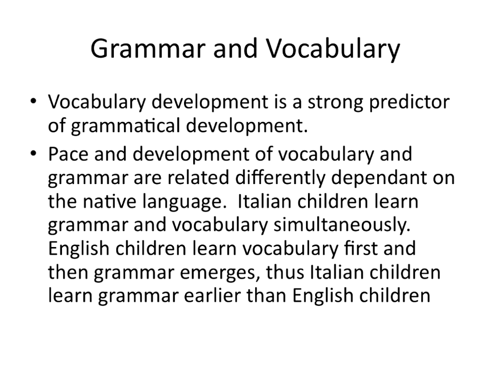Vocabulary development is a strong predictor of grammatical development. So a big vocabulary will predict that a child will also have grammar, the grammar as it relates to their culture.